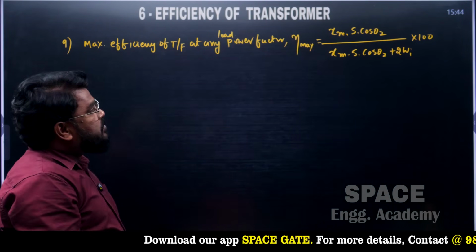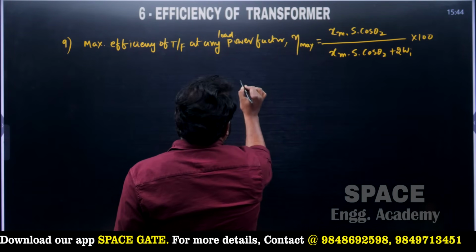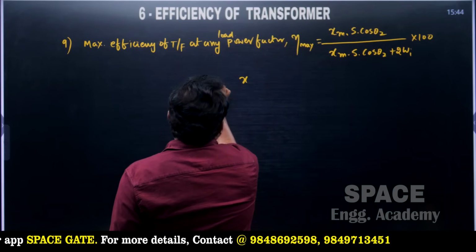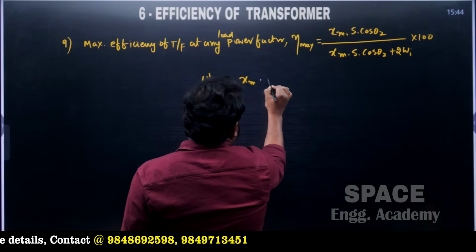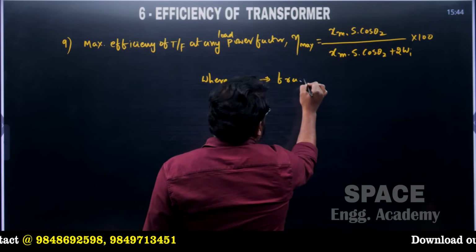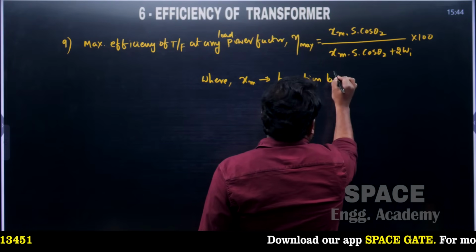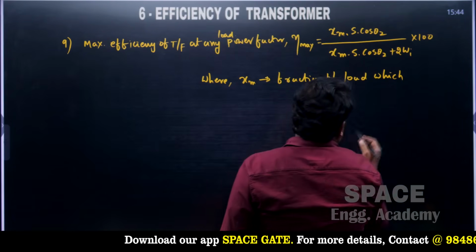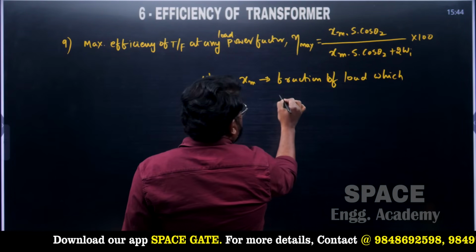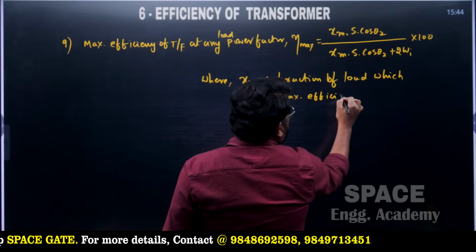So that is xm into S cos theta 2. What is the meaning of xm here? Xm is nothing but the fraction of the load at which maximum efficiency occurs in the transformer.